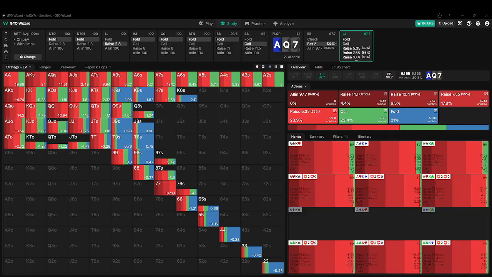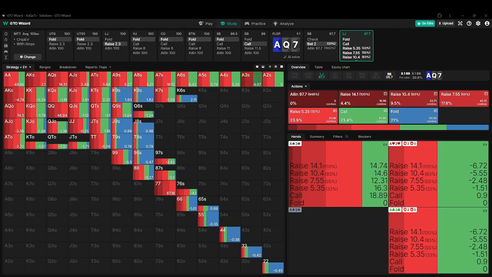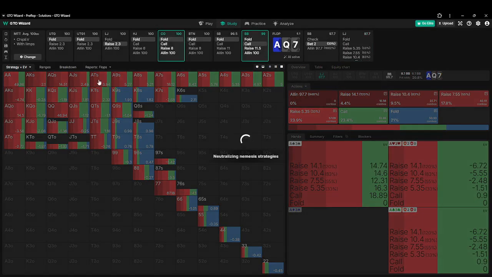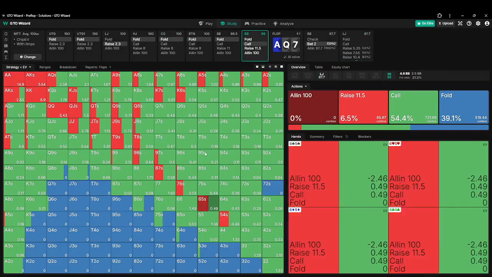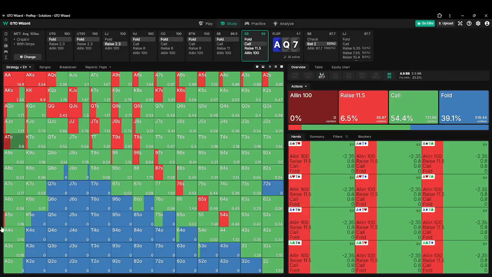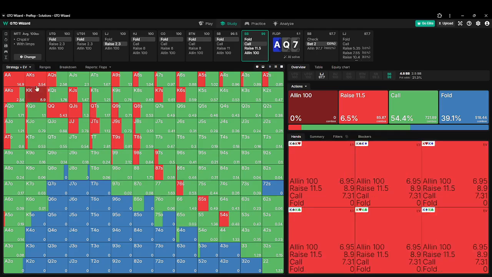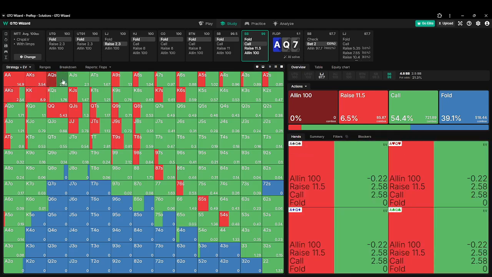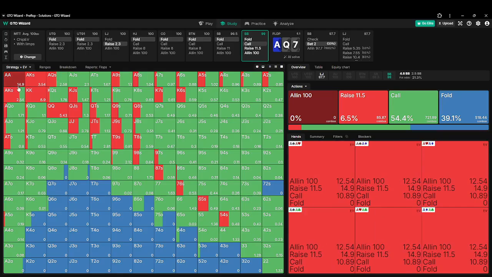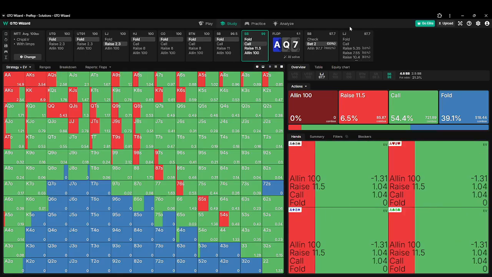because we have a lot of ace-X in our raising range, and if you look at the big blind's calling range, obviously they're calling some A hands, but their percentage of ace-X is going to be considerably smaller than the percentage of ace-X that we have. And you can also see they're raising a tiny bit of their suited aces and ace-king off and this sort of thing.